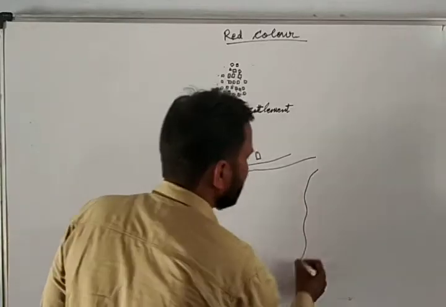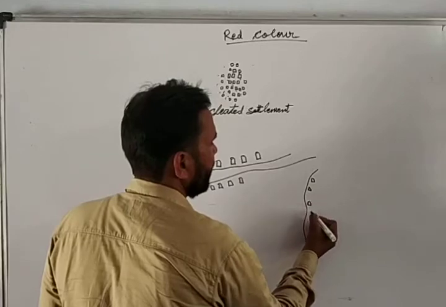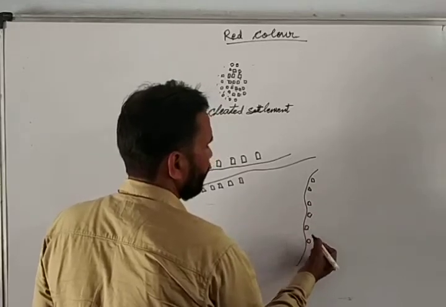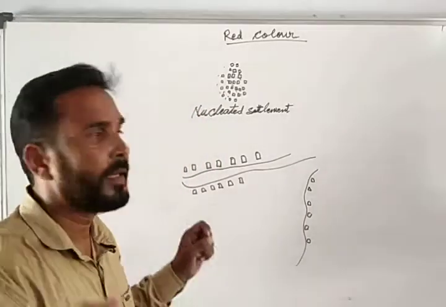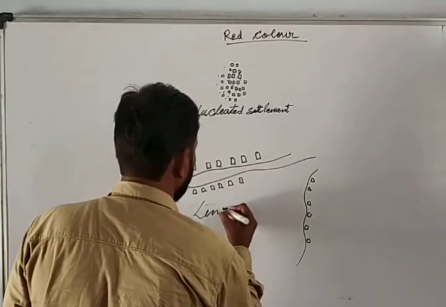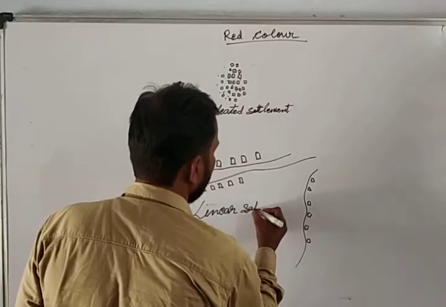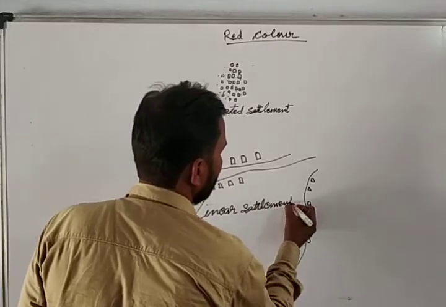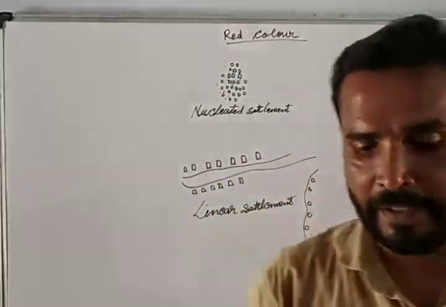Or maybe a road is given and houses are given along it. Then such type of settlement is known as linear settlement. This is the second kind of settlement.